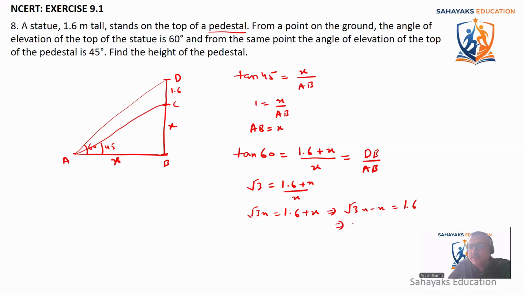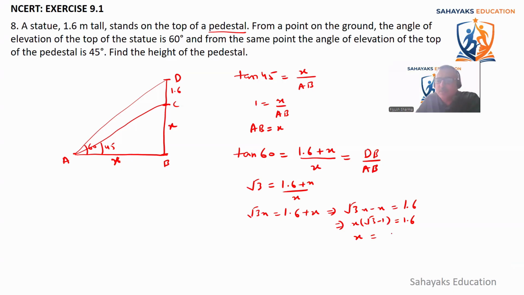It gives X common, root 3 minus 1 is equal to 1.6 meters. So X is equal to 1.6 divided by 0.732.